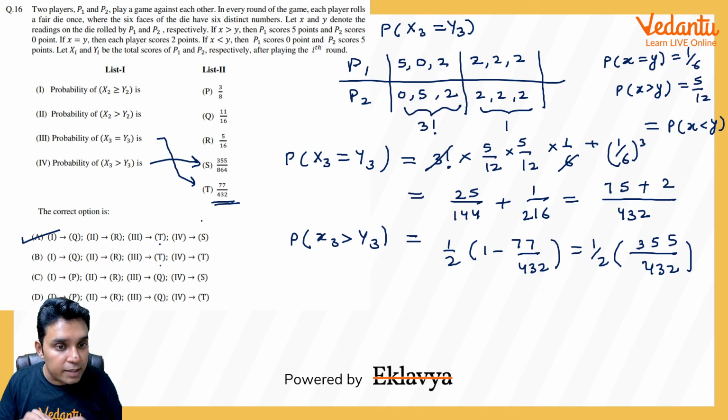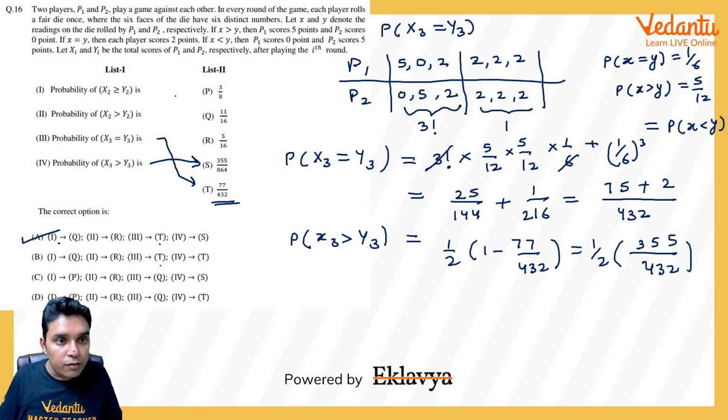Okay, in fact some people might have guessed it, because you can see for 1, 2 and 3 they have given Q, R, T in the first two options, and they have given P, R, Q in the third and fourth options.